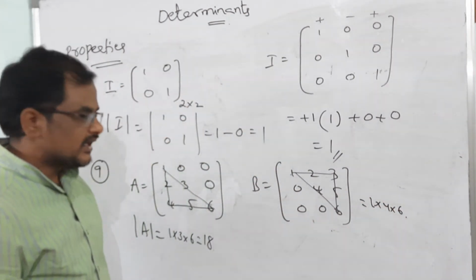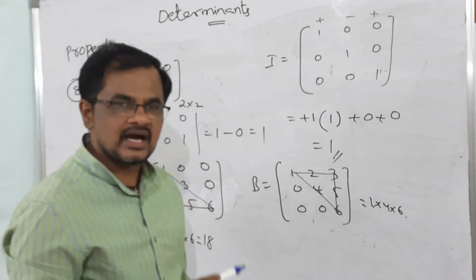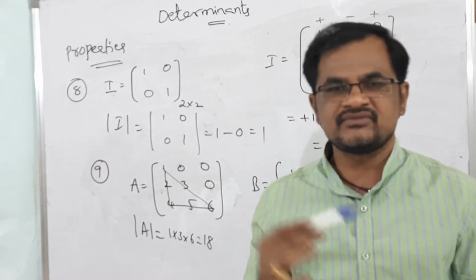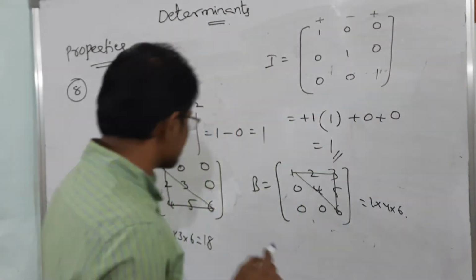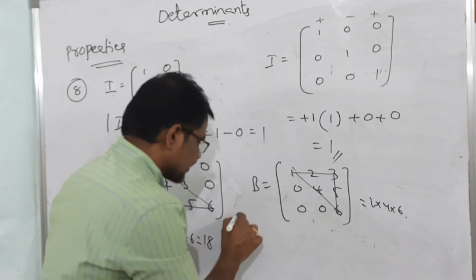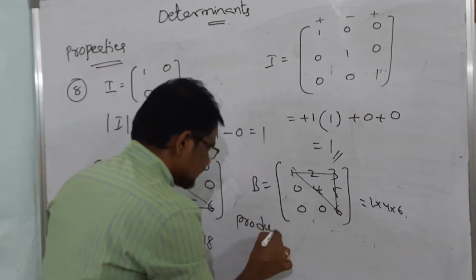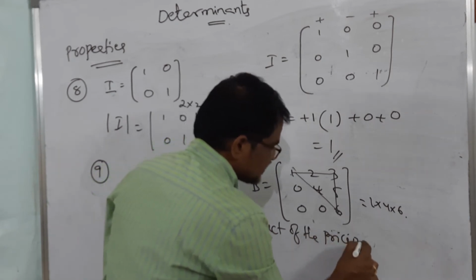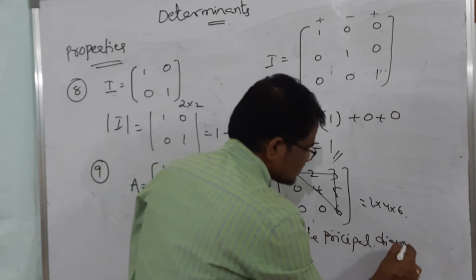So for a triangular matrix, either upper or lower, the determinant is the product of the principal diagonal elements.